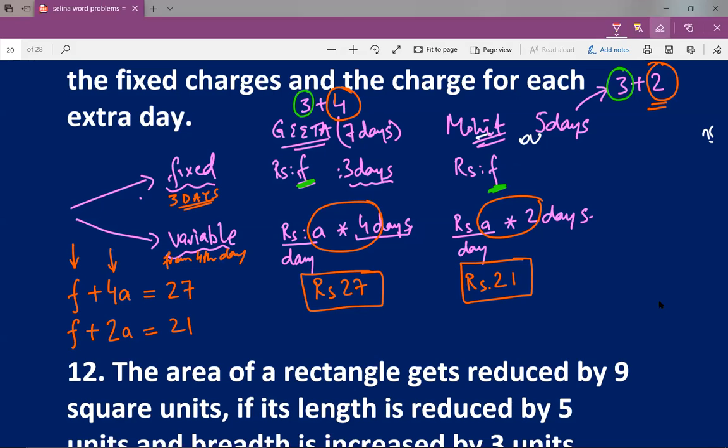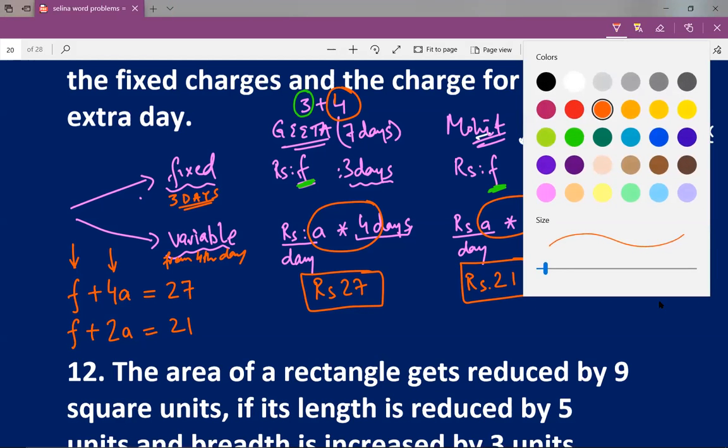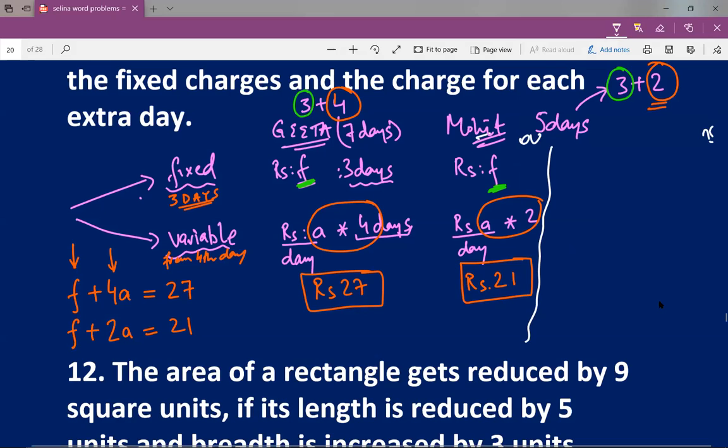Okay. I'll make some space here and I'll solve. Let's solve these simple equations. This would be my equation 1. This would be my equation 2. The simple way is subtracting, 1 minus 2. I get 2A is equal to 6.